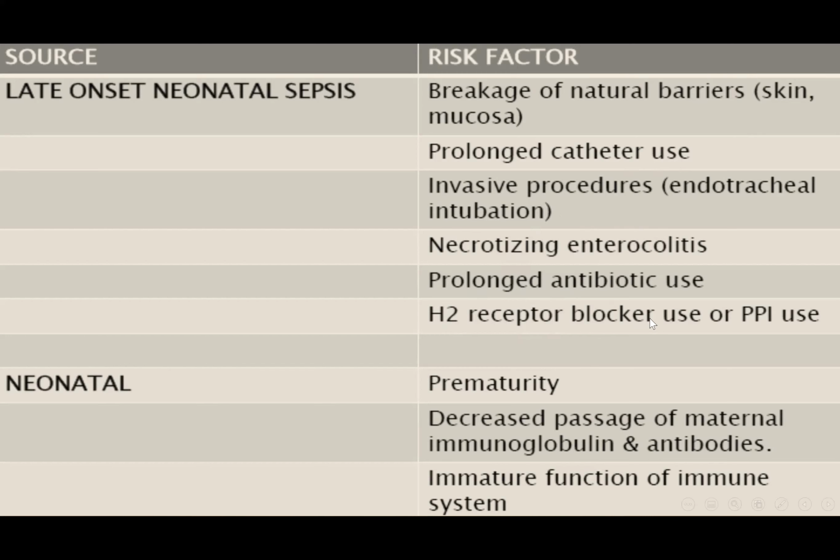Remember that if we use an H2 receptor blocker or proton pump inhibitor, it can decrease the acidity of the stomach, so the baby cannot kill the organisms coming through the gut. So these are the risk factors in other situations, but for the neonate, if he is preterm, he didn't get the maternal antibodies, and his immune system is also not so competent.